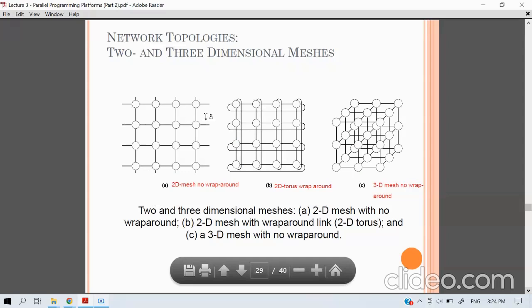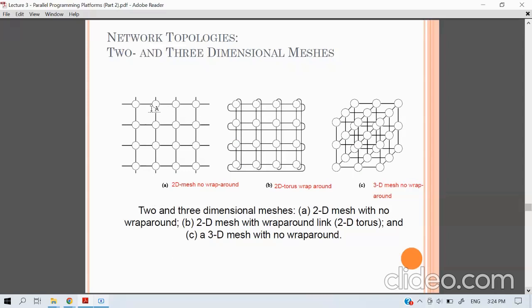If it consists of more than one linear array, it becomes 2D. This 2D mesh has no wraparound. B is a 2D torus with wraparound. It's still 2D, but the end node is connected together with the start node. C is the 3D mesh, with no wraparound.